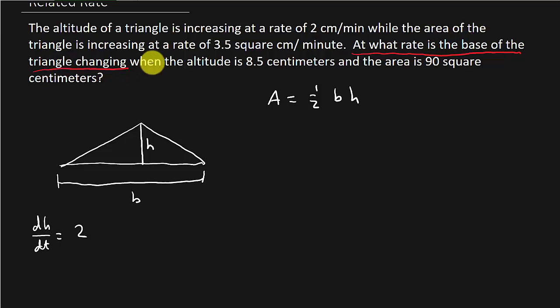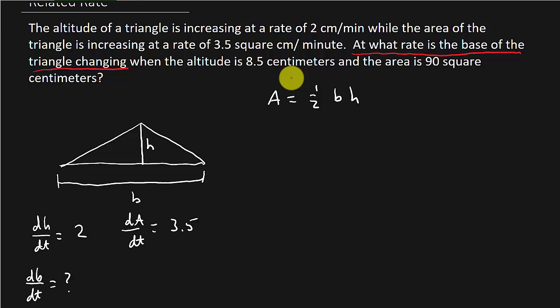While the area of the triangle is increasing at a rate of 3.5 square centimeters per minute, so dA/dt is equal to 3.5. And it says, at what rate is the base of the triangle changing? So the base changes, that's dB/dt. That's what we're looking for.